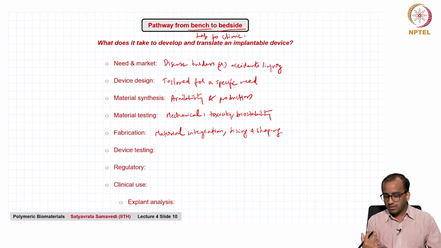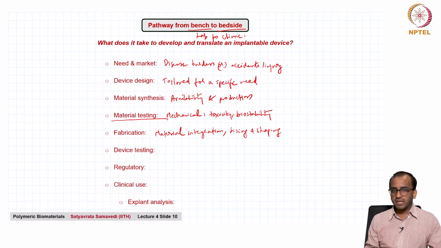Once you have made the material, you test the device, and although you have tested the materials themselves initially, now you test them as part of a device, because remember that there is no such thing as a biocompatible material. That's a golden rule that you should probably remember through the rest of this course. What actually matters is biocompatibility is defined with respect to how a material performs in a specific application. So, we are looking at device testing, and this could first involve in vitro testing and then animal testing.